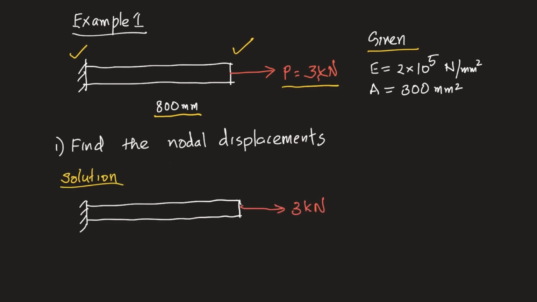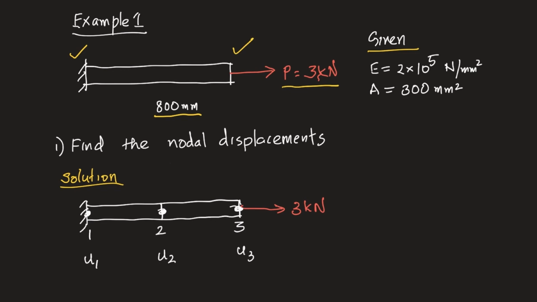The first step in solving the problem is to discretize the domain. So we will divide this bar into two elements with 3 nodes, and let us number the nodes as 1, 2 and 3. Displacement at node 1 is u1, at node 2 is u2, and at node 3 is u3.